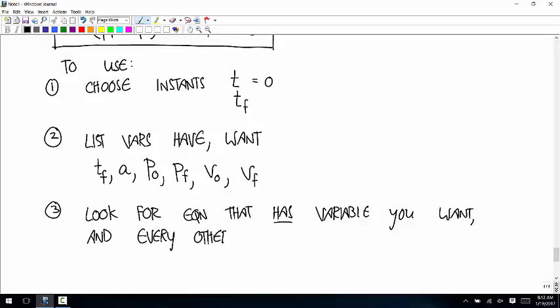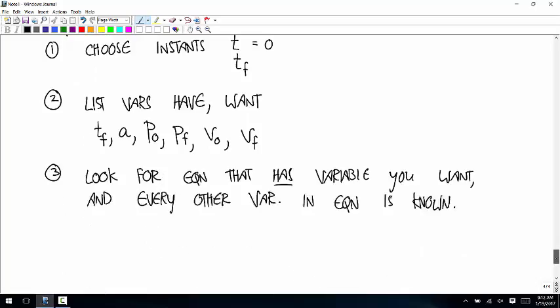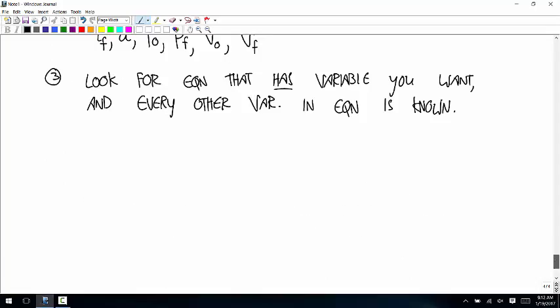Every other variable in the equation is known. And then sometimes there isn't one equation that'll let you solve for the variable you want. So sometimes you need to find an intermediate variable, something you didn't know before.